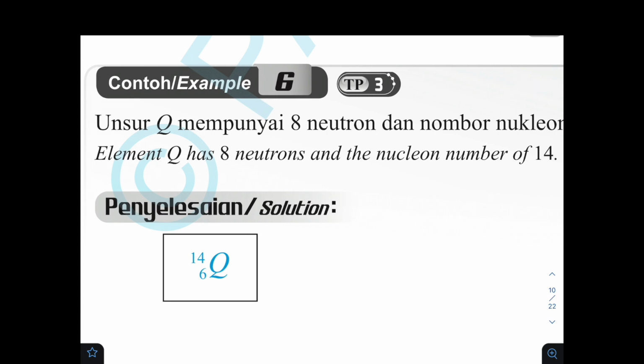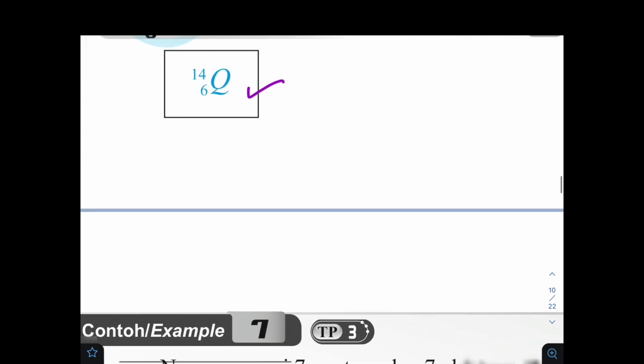So proton number is 6. So where do you get the 6? Use the formula nucleon number is equal to P plus N. You get 6. Right? P you get 6. So Q is the symbol of element Q. So this is the standard representation of atom for atom Q.